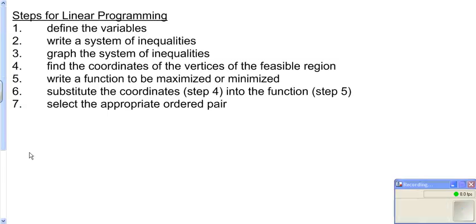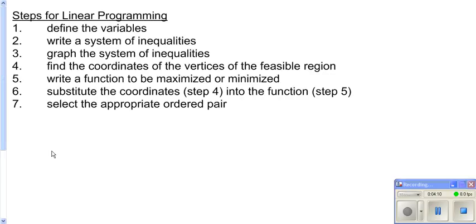With linear programming, you want to first of all figure out what your variables are. From the word problem, you want to go ahead and write your system of inequalities. You then want to graph it. You want to find your vertices of your feasible region, so that's the corner points of the region that is formed.